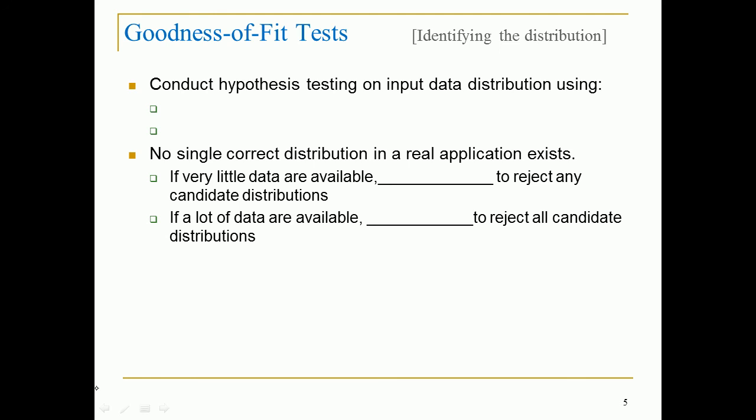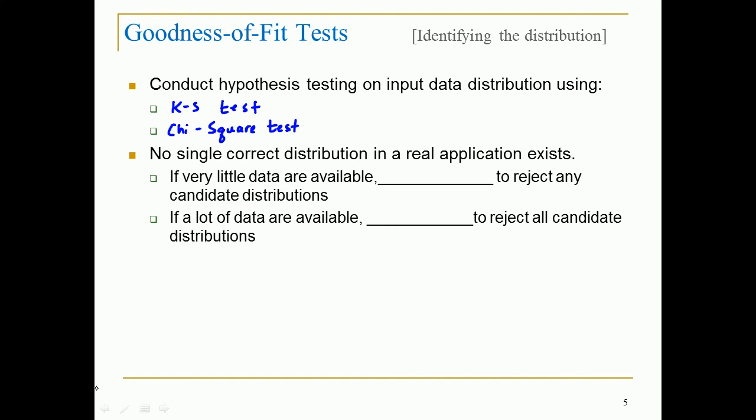So for this, we're going to conduct a hypothesis testing on input data distribution using these two tests that you already know, the KS test and the Chi-square test. Okay?